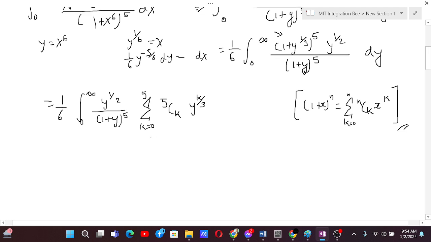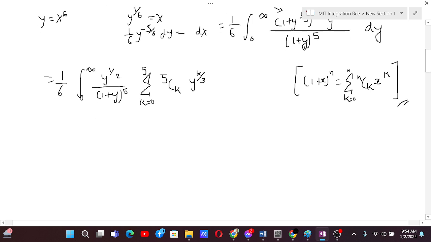And now we can take these terms inside the sum, because the sum is in the world of k and these variables are of the form y, so they are just constants for the sum. And we get 5 c k y to the power k by 3 plus 1 by 2 by 1 plus y to the power 5.